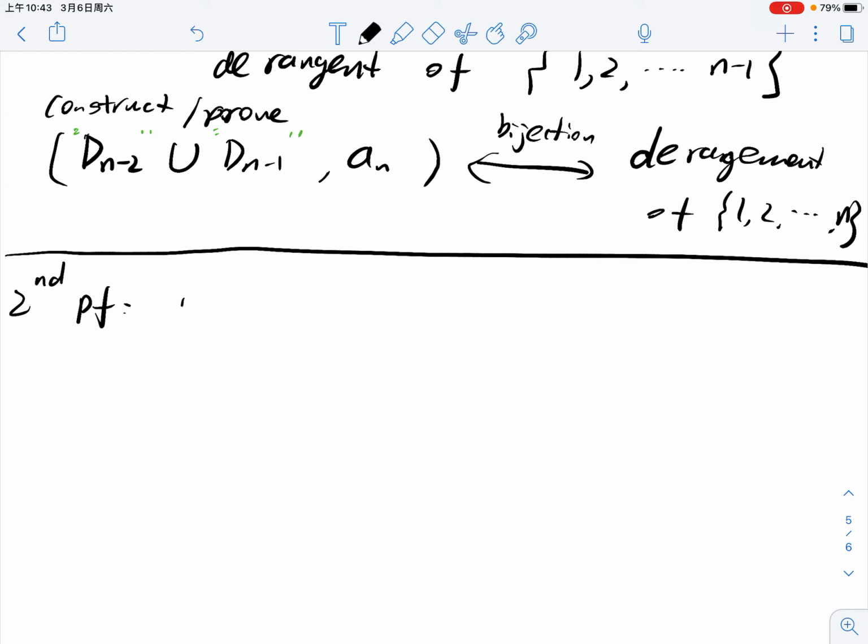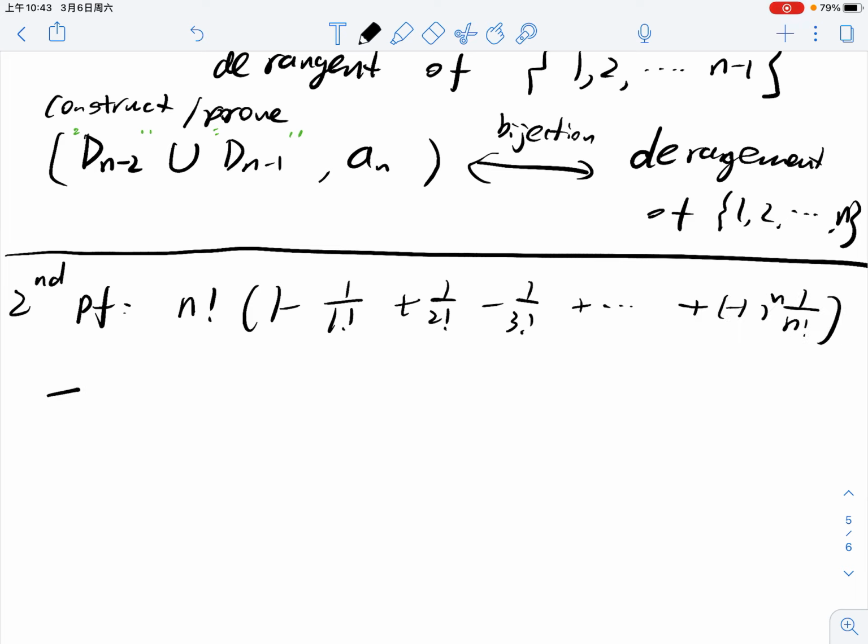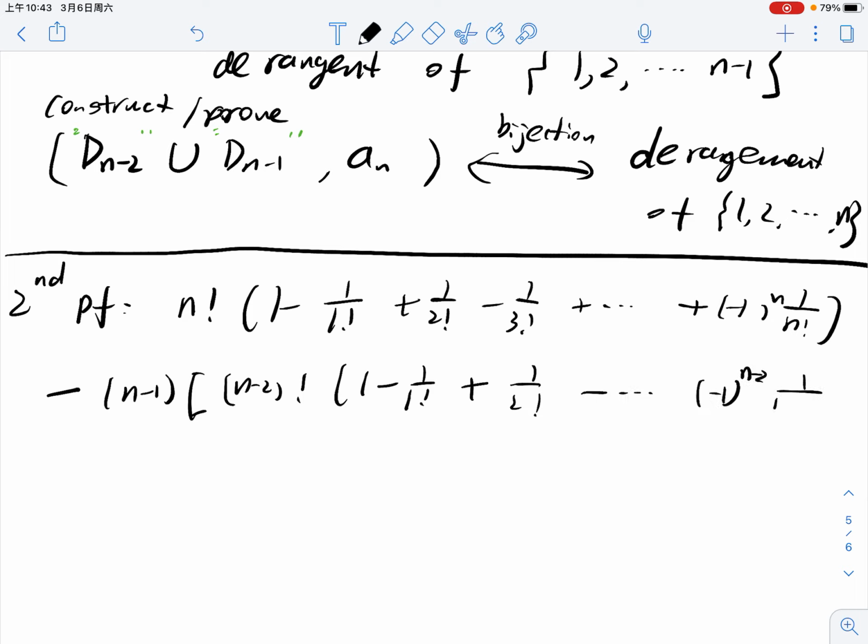So for the second proof, you only need to plug in all the formulas, and to verify they're the same, you do the subtraction and see if it equals 0.